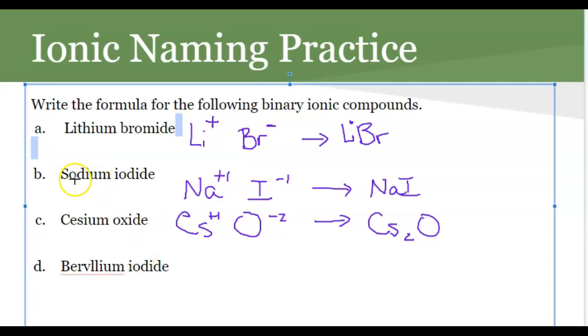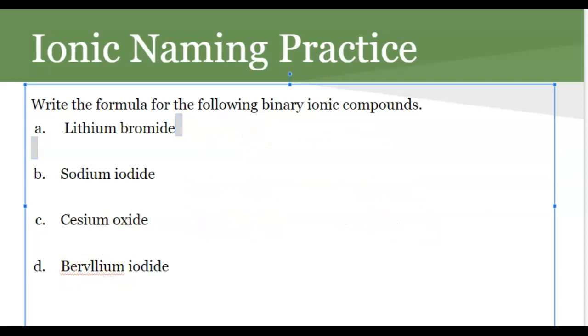Next up, we have beryllium. This is improperly spelled, so beryllium, there we go. Oxide. Oh, sorry, that kind of cleared it away. Beryllium is Be. It's in the second column, so it's going to be a +2.